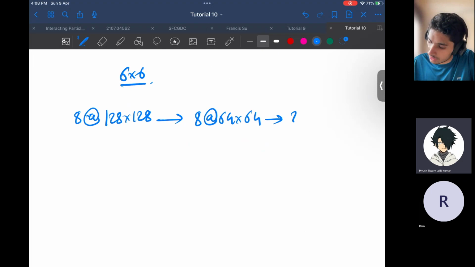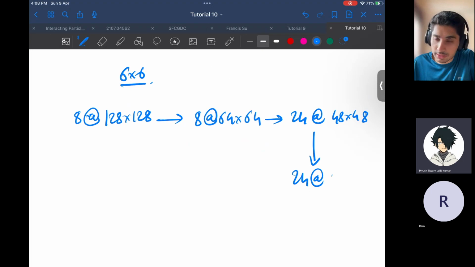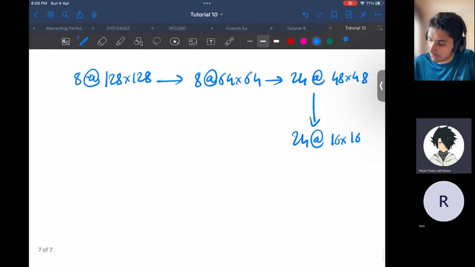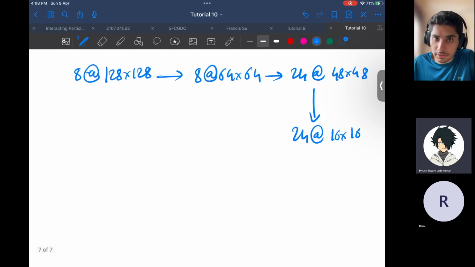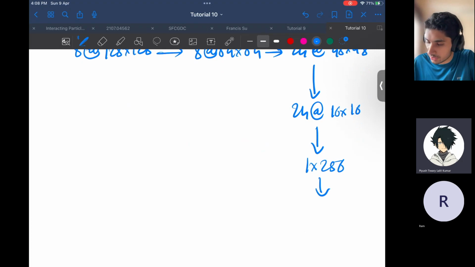Next it is 24 at the rate 48 cross 48. After that, we have 24 at the rate 16 cross 16. After that, there is a flattening, which makes it 1 cross 256. After that, there is a simple linear feed forward layer, which makes it 1 cross 120.